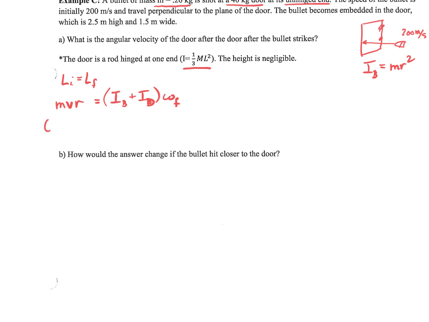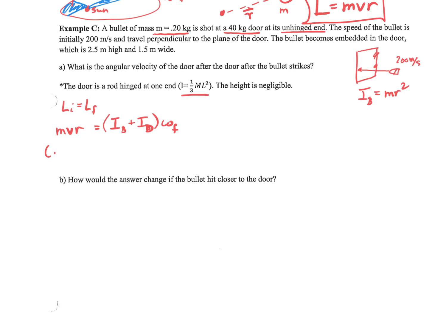So we know the mass of the bullet is 0.2. Velocity of the bullet was 200. And if the door is 1.5 meters wide, that means that is its radius from the hinge, so 1.5. That's equal to I for the bullet plus the door, so mr squared plus 1/3 ml squared times omega final.